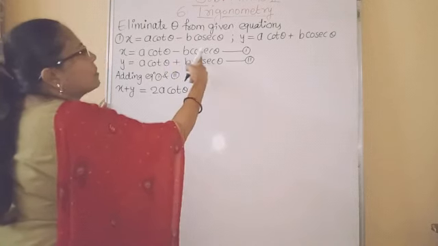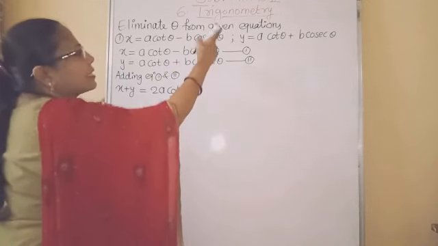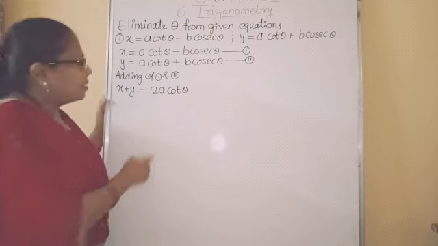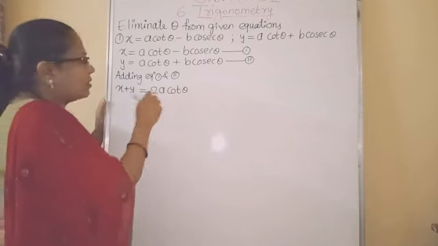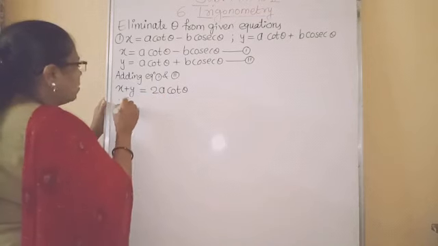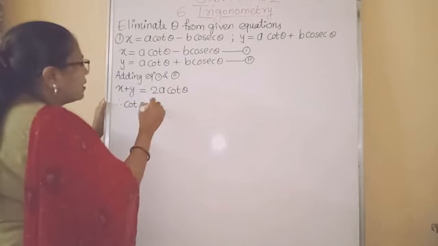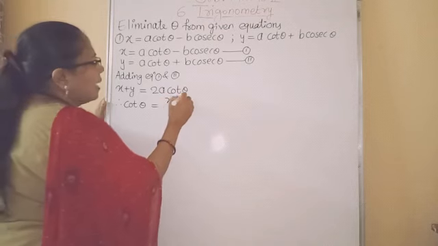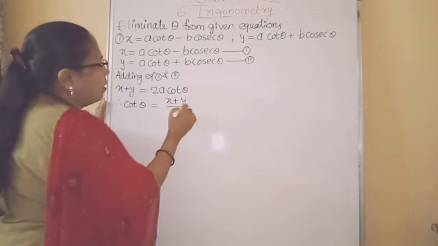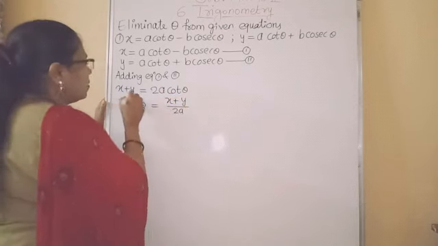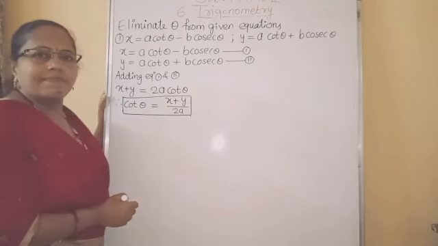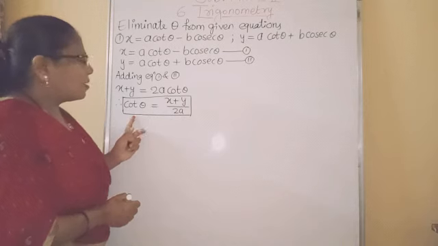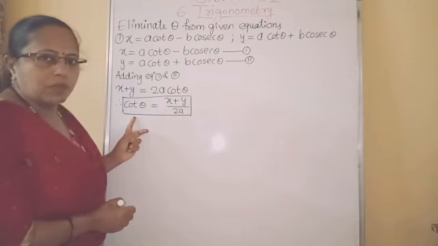And the minus b cosec theta plus b cosec theta gets cancelled. Now from this expression we will find the value of cot theta. Therefore, cot theta is equal to x plus y upon 2a.